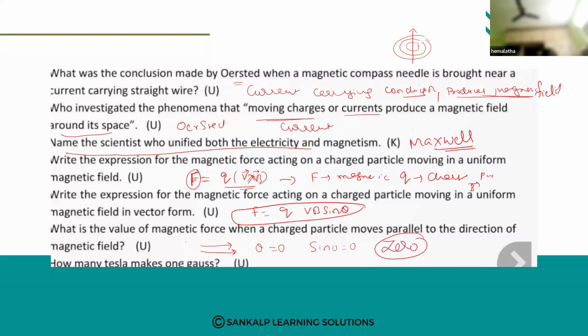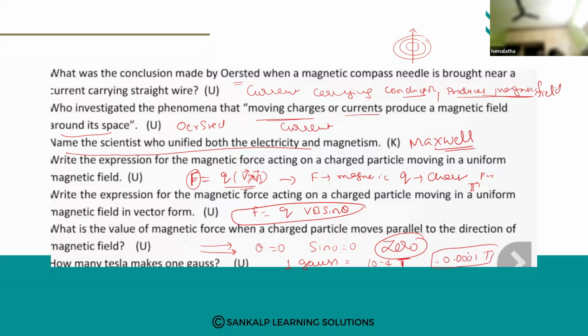Conversion between Tesla and Gauss. How many Tesla make one Gauss? One Gauss is equal to 10 to the power of minus 4 Tesla, that is 0.0001 Tesla.